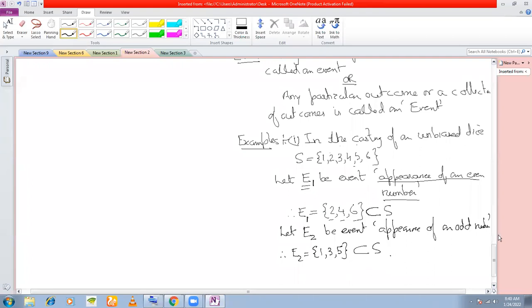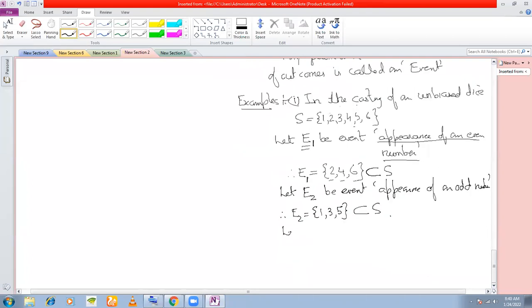Let us define another event, the last one. Let E3 be the event appearance of an even prime. Every event is a subset of the sample space. So E3, what is the event here? Appearance of an even prime.